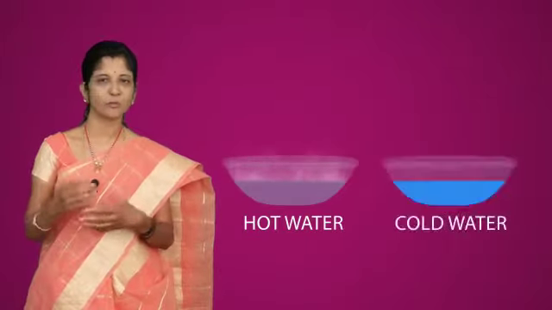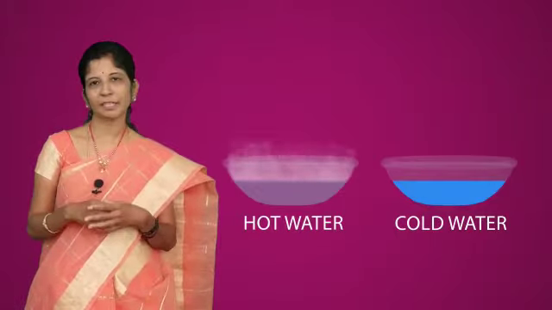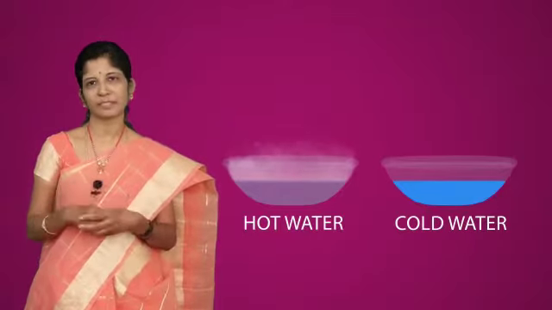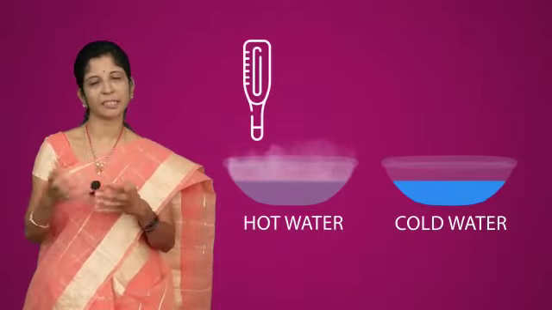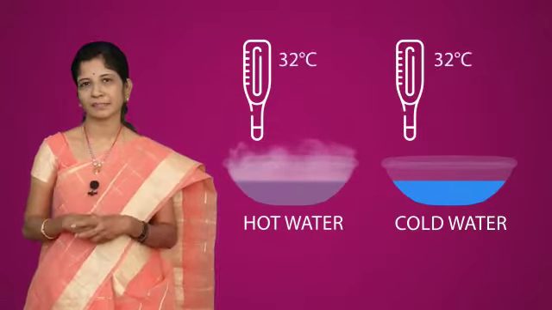Let us bring hot water and cold water and place them in contact. Initially, I will put thermometers in both the hot water and the cold water and note down the readings.